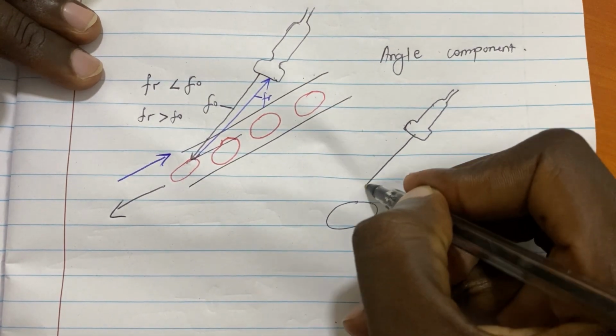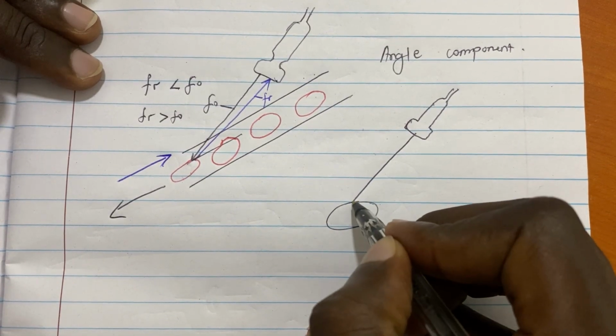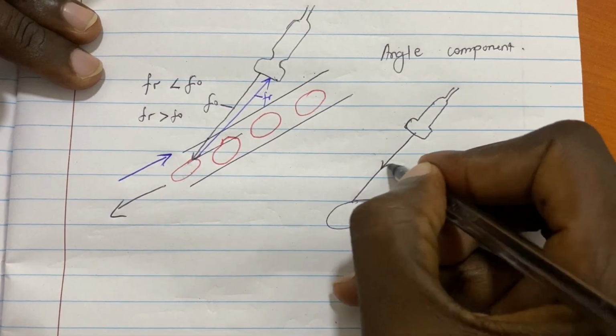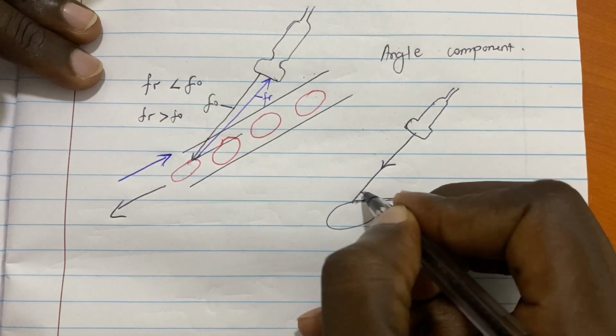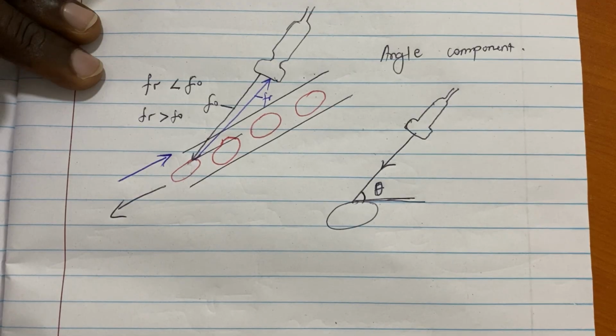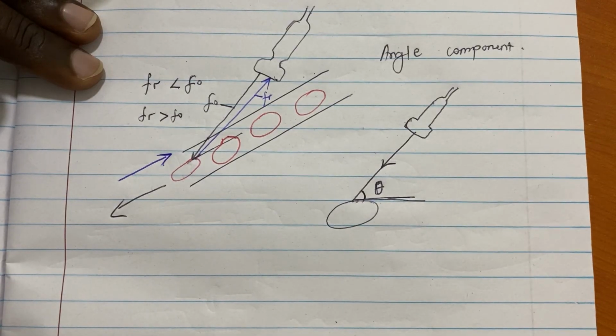It hits the red cell, but at what angle? There is an angle, this one, theta, at which it hits. This angle is very, very, very, very important. If we don't pay attention to this one, whatever we are measuring will be incorrect or inaccurate. We are going to pause it there.